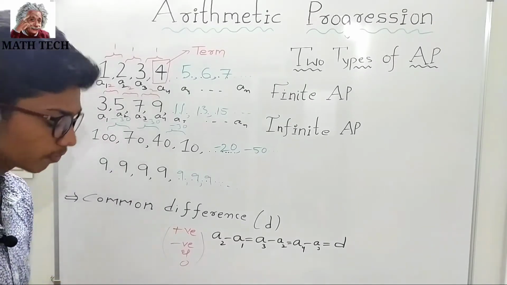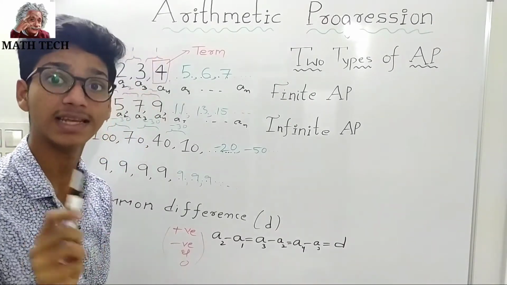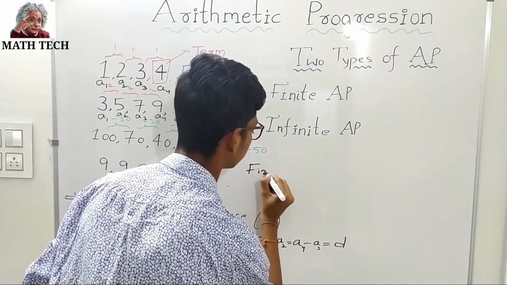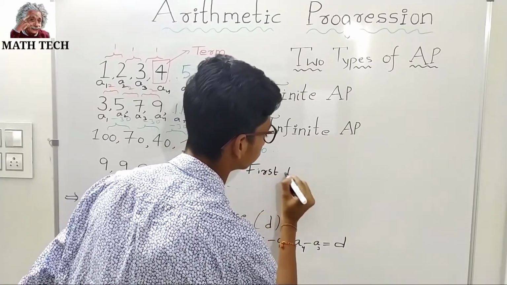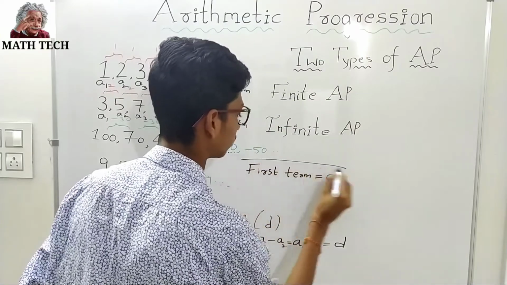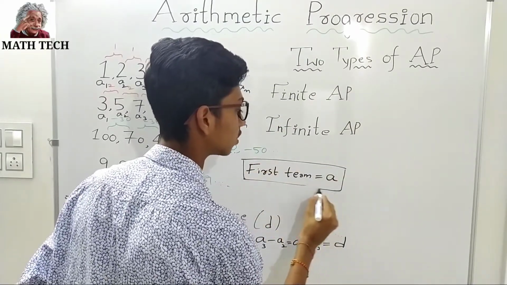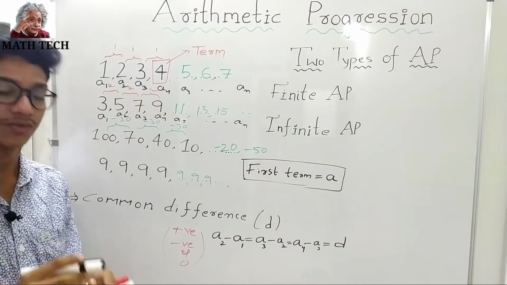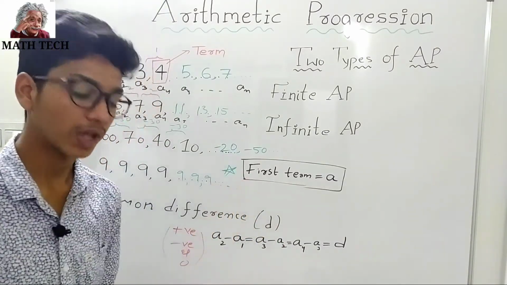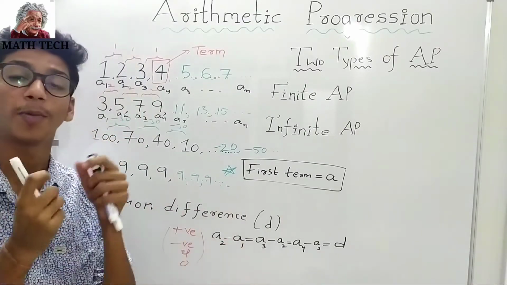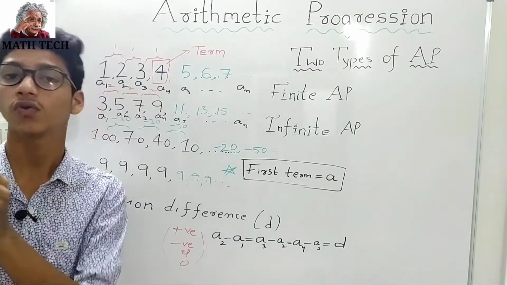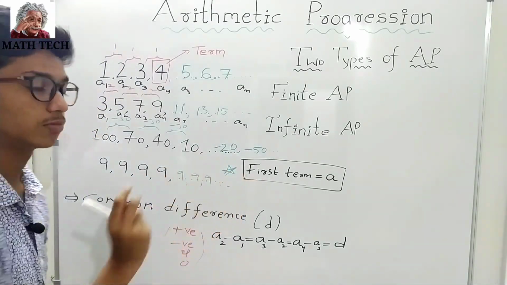So we define the first term as small a. This is also very important. How we define the arithmetic progression is that the first term is small a and the common difference is small d. The common difference can be positive, negative or 0, and the first term is a.